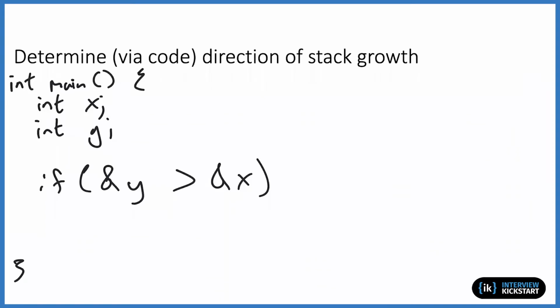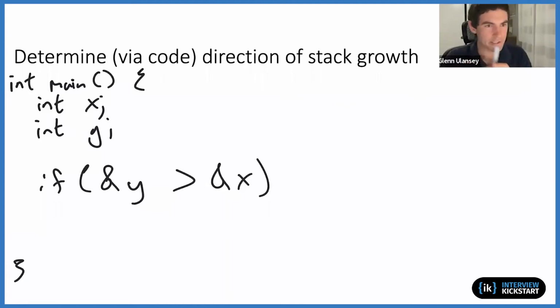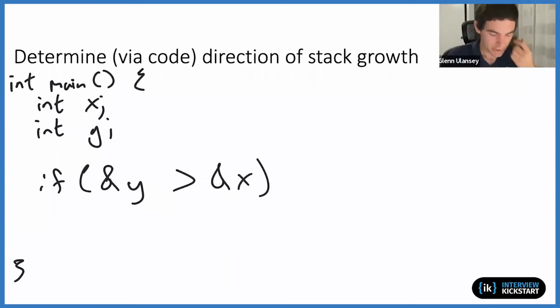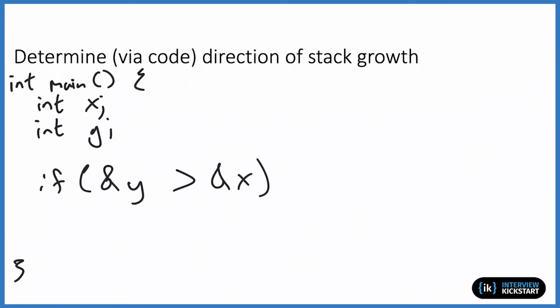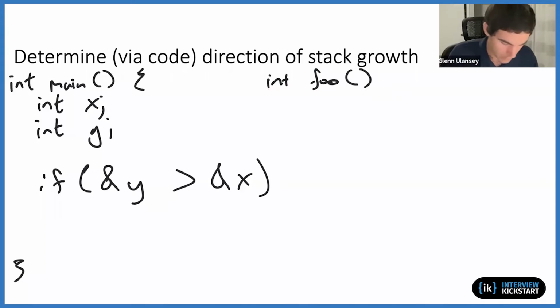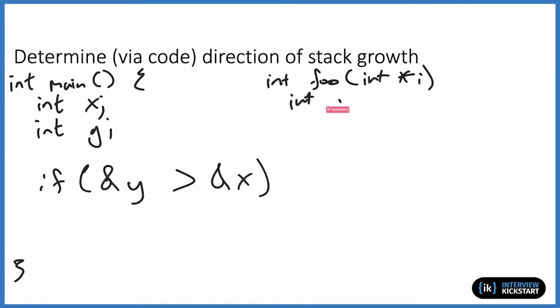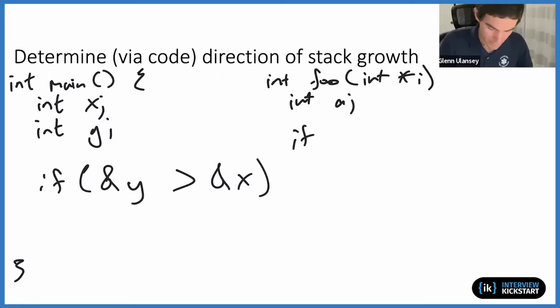How do we make sure that we force the compiler to create X first and then Y next? Excellent point. This ends up being essentially the same problem as what Manish had suggested earlier. Manish suggested having some other function foo that takes an integer pointer as input, then within foo define int a, and check if address of a is greater than i.